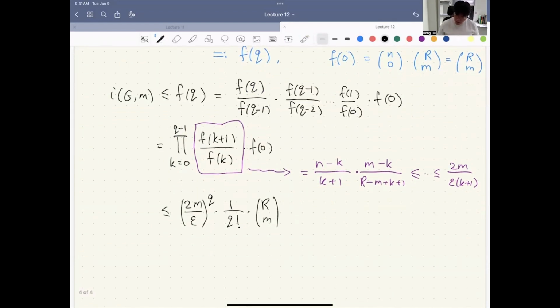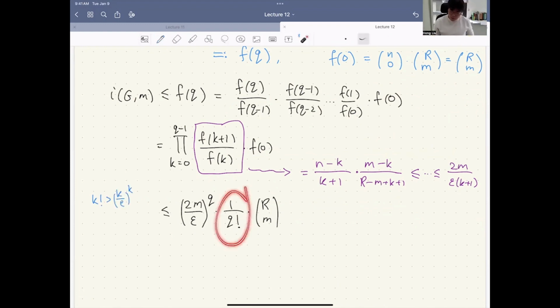Let's write this one more time. Elementary estimate: k factorial is at least (k over e) to the k. Let's do it for Q factorial.